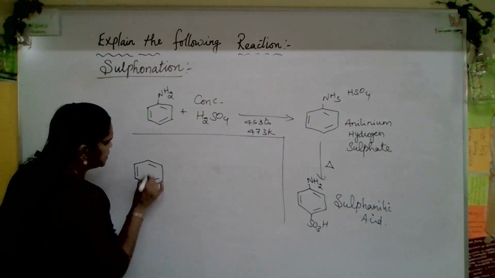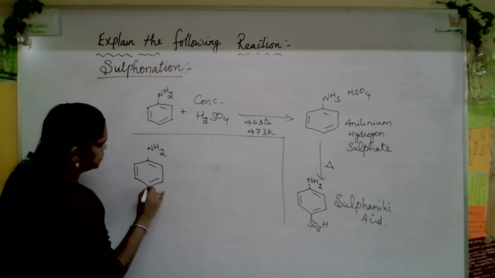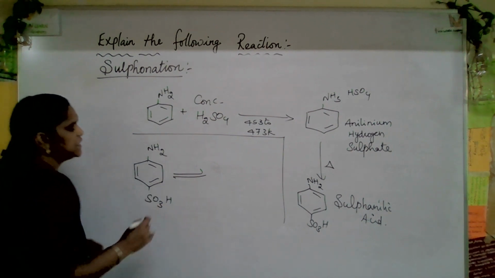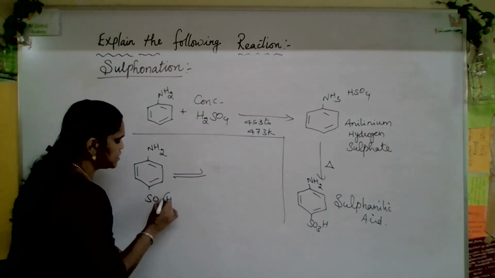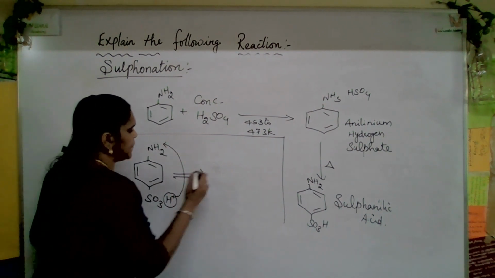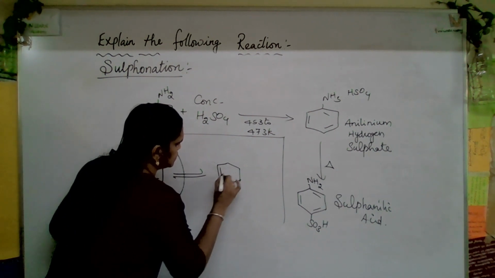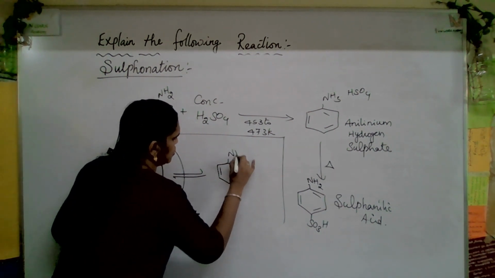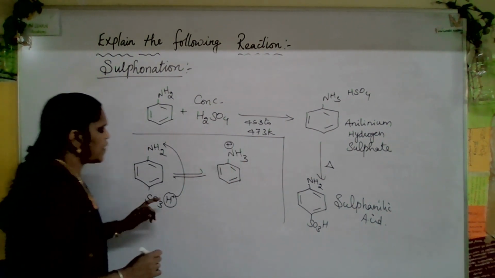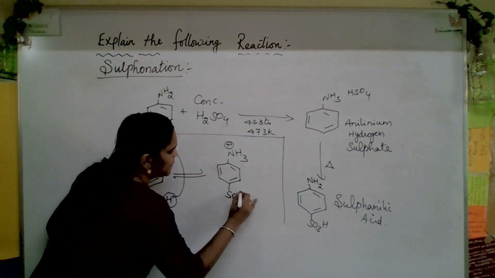Here this is sulfanilic acid, no? NH2, here SO3H. Now what happened? Internal transformation of ion. This hydrogen, the H plus ion, is going over here. So you will get NH3. When NH3 forms, here is a positive charge. When the H plus ion is donated, here SO3 minus.